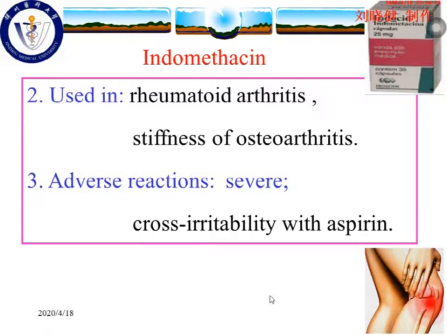Because it is a very potent anti-inflammatory drug, it is usually used in the treatment of rheumatoid arthritis and osteoarthritis. But because it is very potent, its adverse reactions are also relatively severe. It also has cross-reactivity with aspirin.